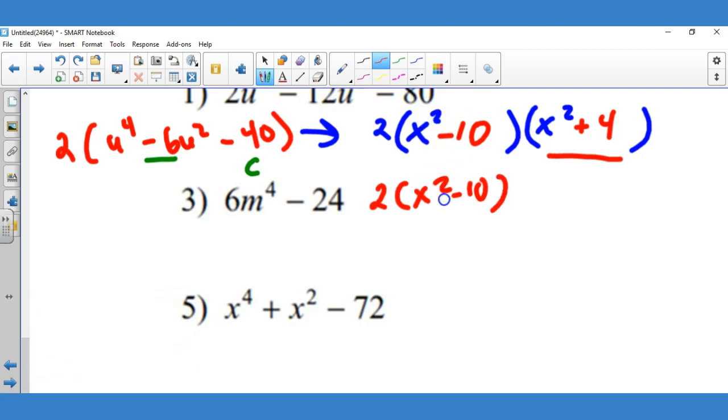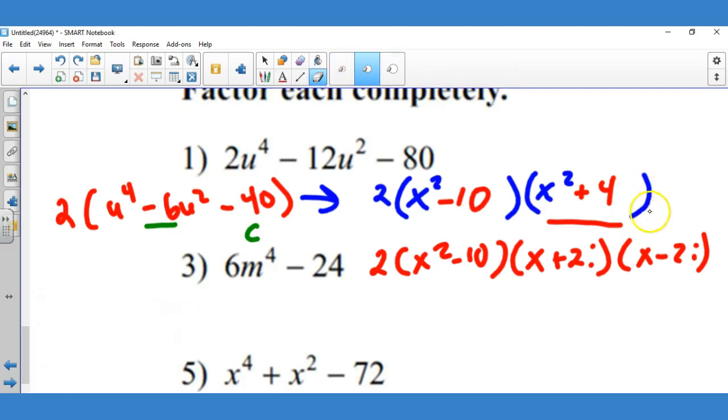This is done, it doesn't break down. And this one you'll get x plus 2i and x minus 2i. The thing to remember is that x squared plus 4, the sum of two squares, is going to have the i.